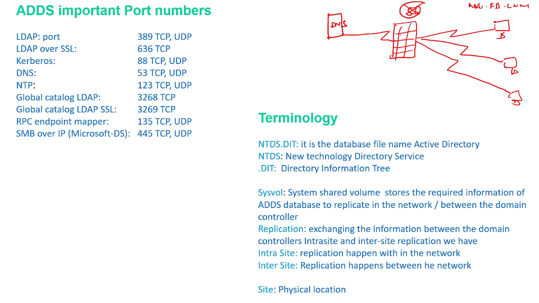But when it tries to communicate with your DNS server, because you mentioned your DNS server is like 192.168.1.10 in this PC, this firewall is not allowing it because port number 53 is blocked here. Since 53 is blocked, this computer is unable to talk to 1.10 to resolve fb.com, and it says timed out.